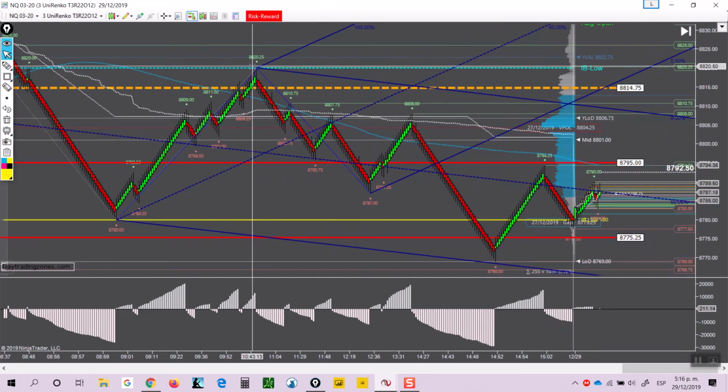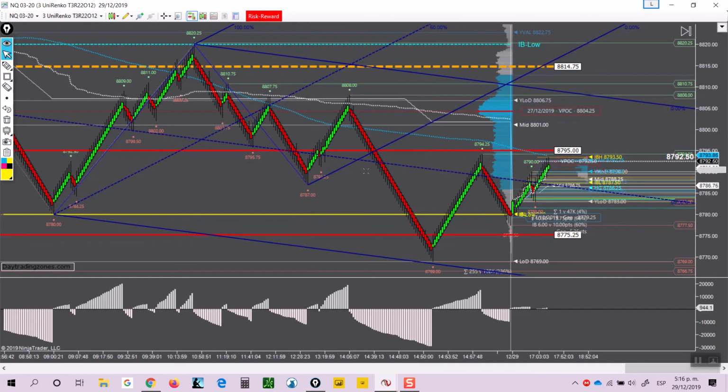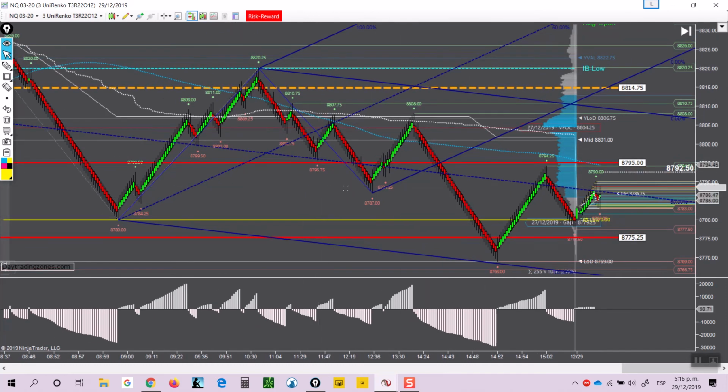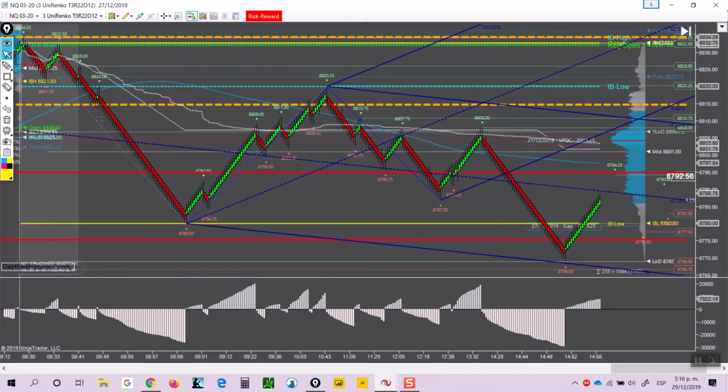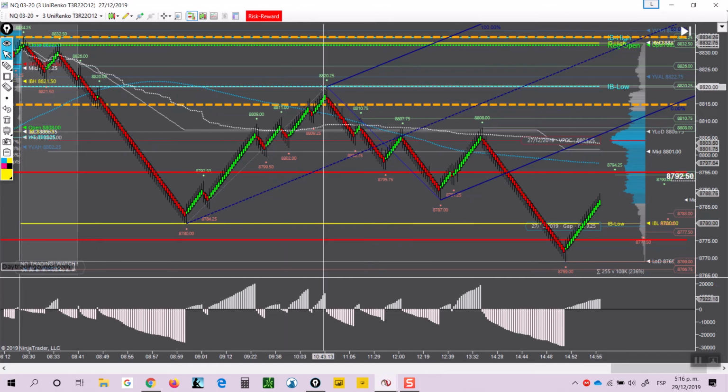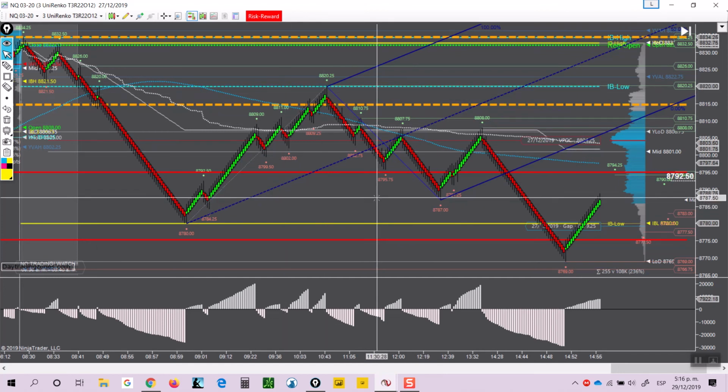Then price went down to touch the mid level, turned back up, and never went to this level here. Then it crossed back down, almost touched that one, and reversed. So the important thing there is you can draw your pitchforks and have your swings helping you out to draw them.